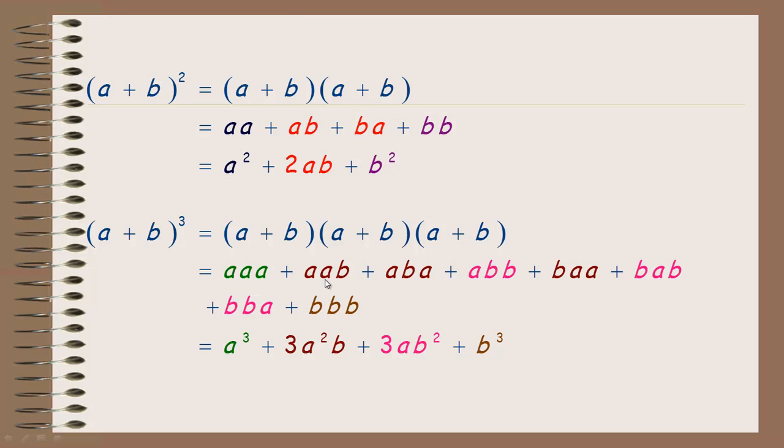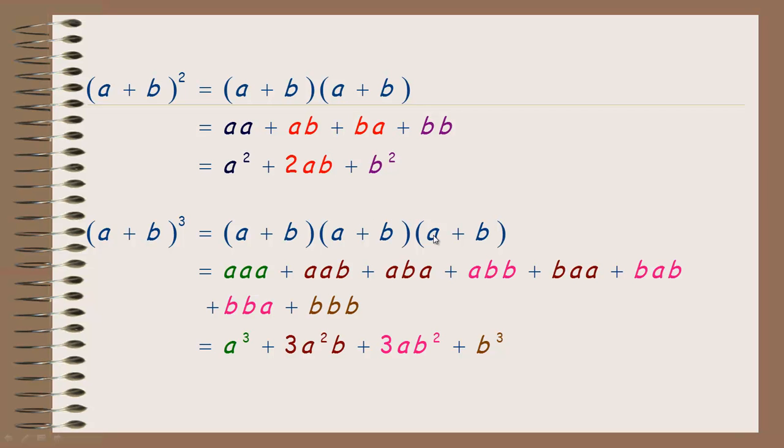Well, there's several ways to get two a's and a b. You could go this a times this a times this b, or you could go this a times this b times this a, so maybe that's that term right there. And another way to get a b and two a's is you could multiply this b by this a and this a.